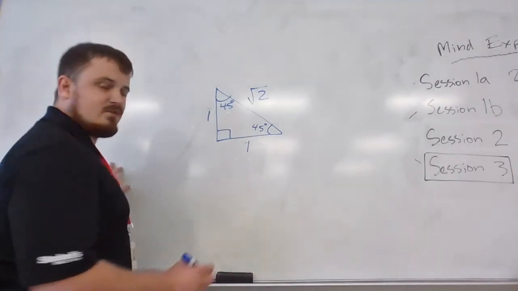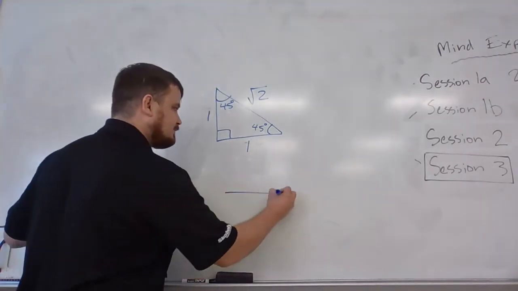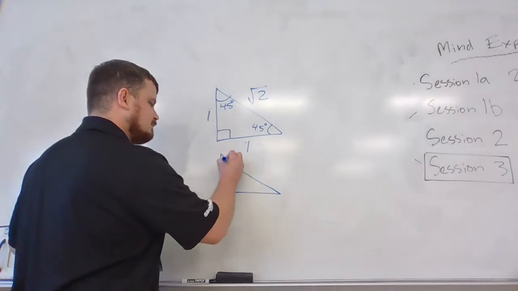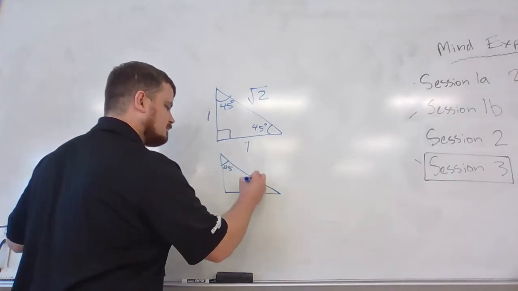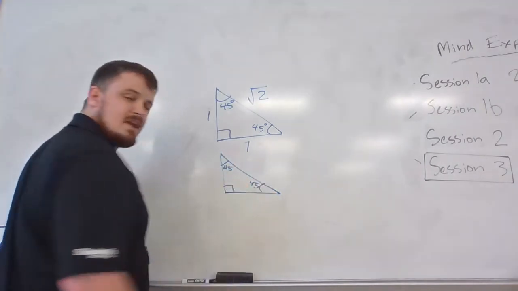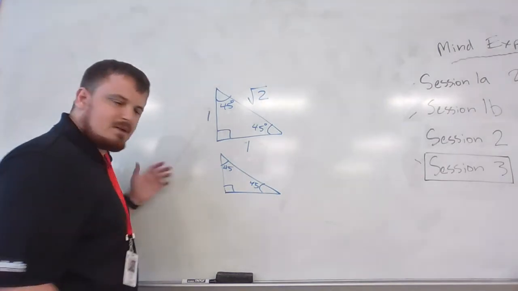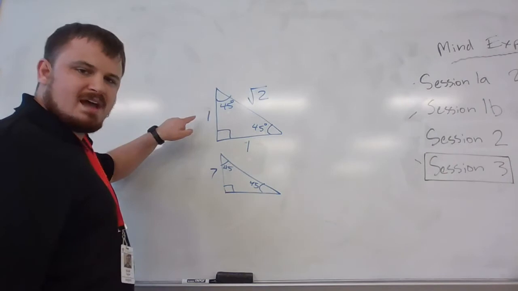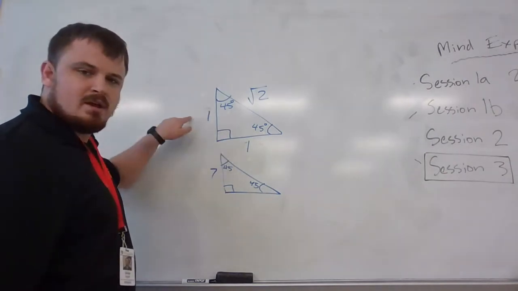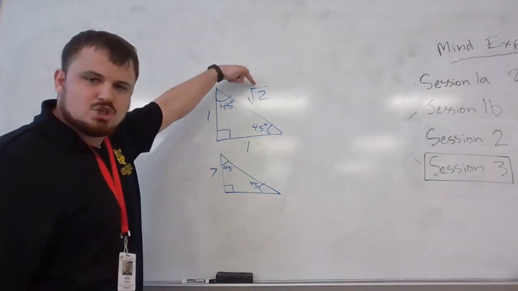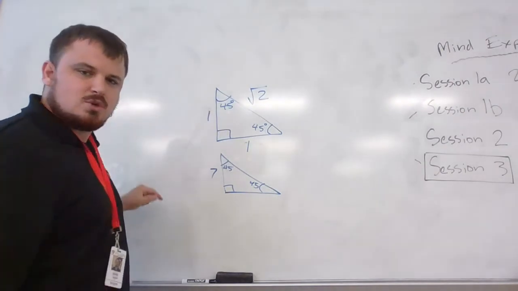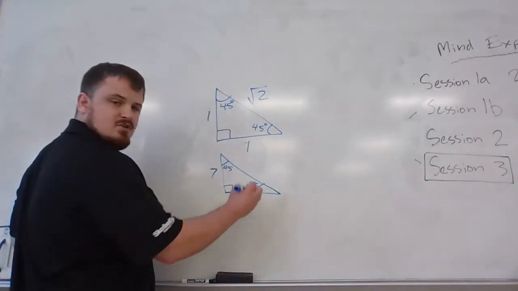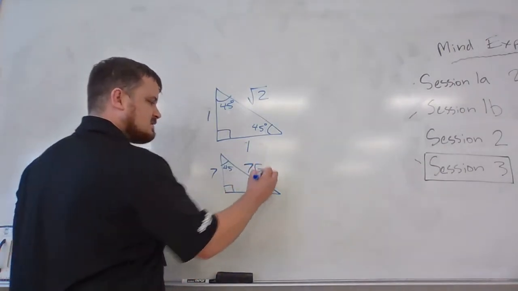So if you have a 45, 45, 90, and it says that the leg right here is 7, remember that the two legs are identical, and then the hypotenuse is just root 2 times whatever the leg is. So this will just be 7, and then this will be 7 root 2.